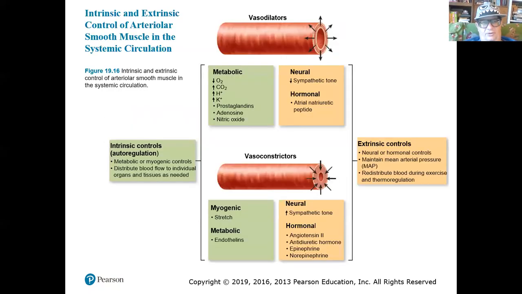Okay, let's move on. All right, so here we have a nice pretty chart. It doesn't say which one it is, but metabolic, neural.